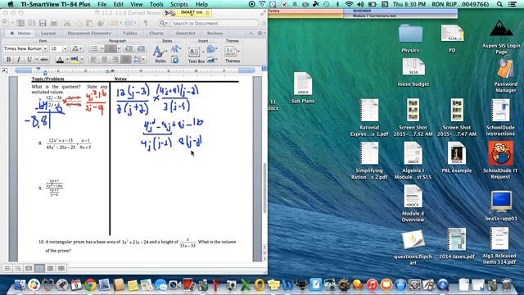Again, I'm not so worried about excluded values. So now, anywhere that we can cross things out that are identical, we'll do so. Hold on a second.